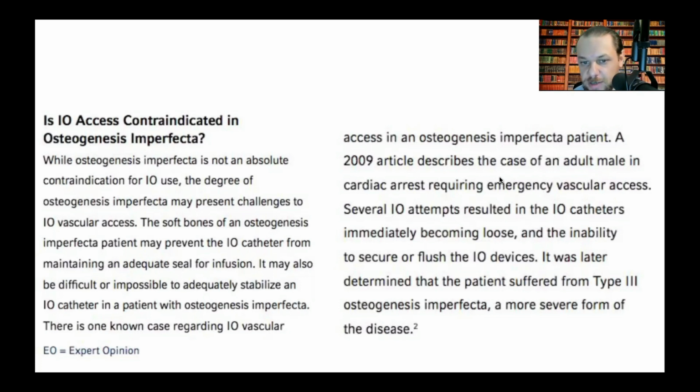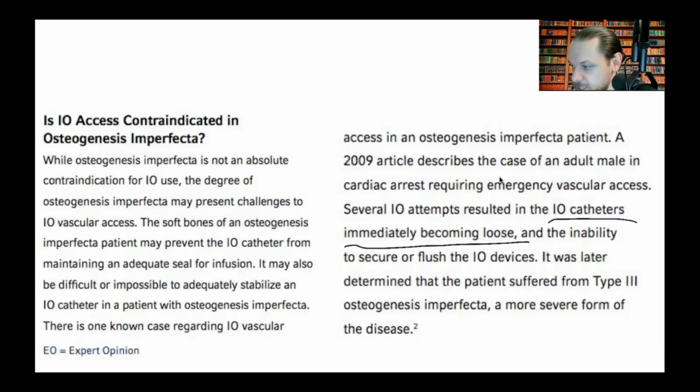But what they found is that they had a case of an adult male patient in cardiac arrest, and he had osteogenesis imperfecta, and they placed an IO catheter into him. They had problems. They said that this IO catheter immediately became loose, and they had problems securing the device in place.